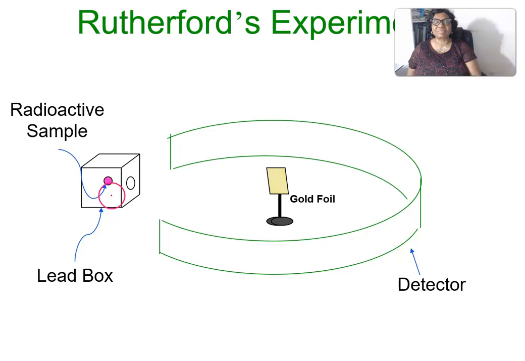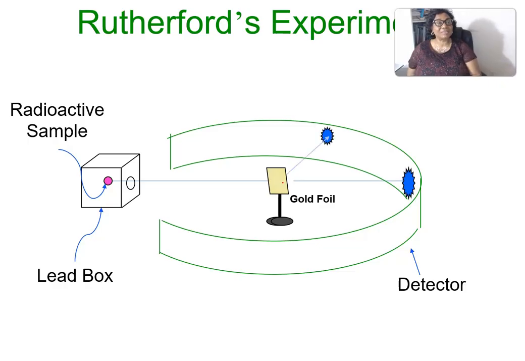You see the example. This is the source of the alpha particles. This is a detector, and this is a thin gold foil that was placed, and they were firing the alpha particles through it, expecting all of it to go through. That's what they were expecting.